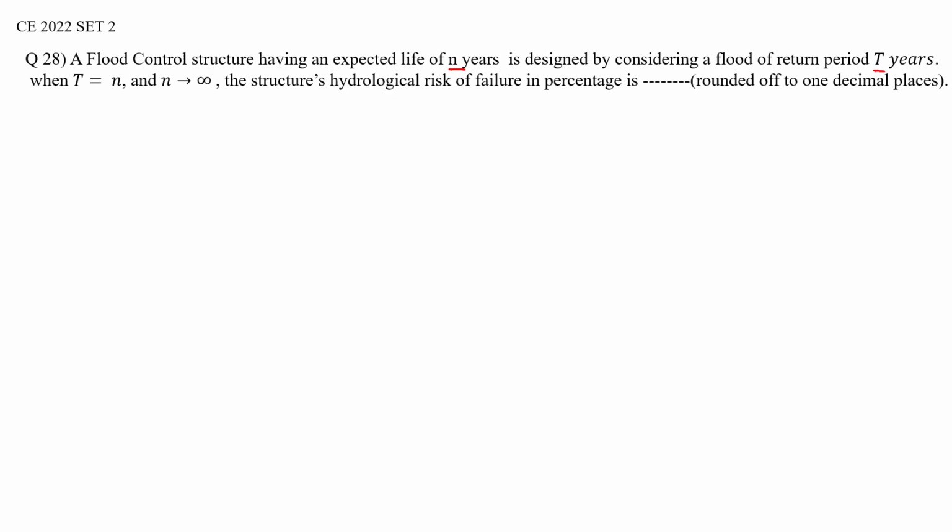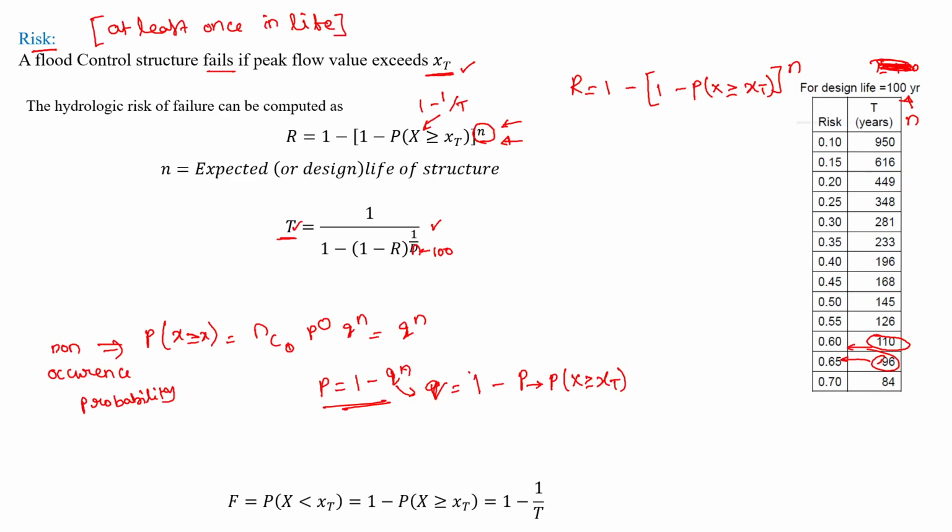If you observe this particular point in the table, when t equal to 100, corresponding to a design life of n equal to 100 years, how much value do you observe? 0.63. When n equal to 100 and t equal to 96, how much do we observe? 0.6. Just keep these two values in mind.